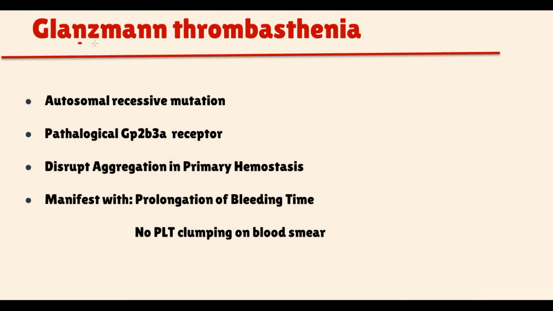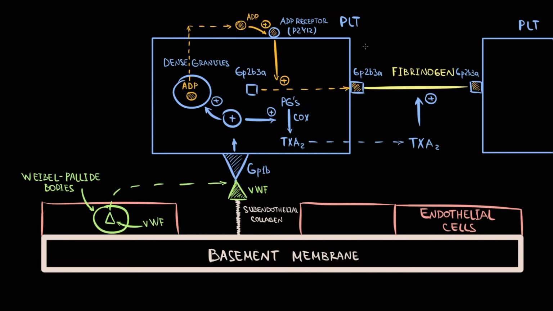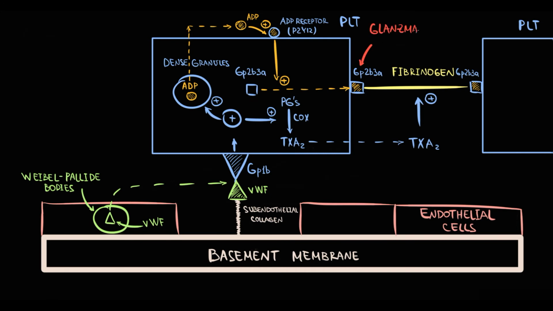Glanzmann thrombasthenia is a condition when due to autosomal recessive mutation, the GP2B3A receptor on a platelet surface is produced broken. Production of a pathological GP2B3A receptor disrupts aggregation of platelets, thereby affecting primary hemostasis and causing prolongation of the bleeding time. So what happens in Glanzmann thrombasthenia is that as a result of a mutation, the GP2B3A receptor becomes broken.